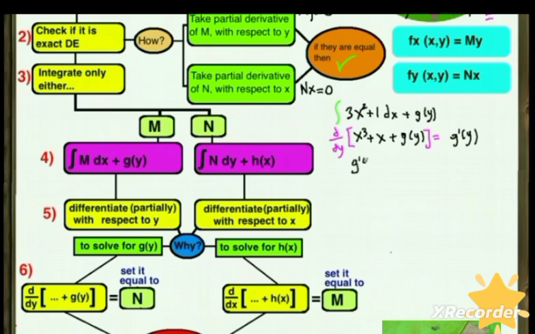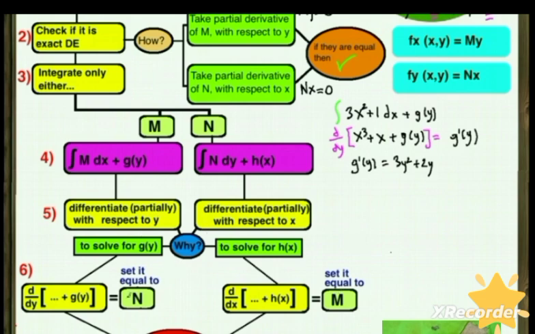So g prime of y is equal to 3y squared plus 2y. If you follow this path, then you had to integrate n with respect to dy. You had to add some function h of x, and you had to differentiate h of x partially with respect to x. And then to be able to solve for h of x, you had to differentiate with respect to x and set it equal to the m part of the function.